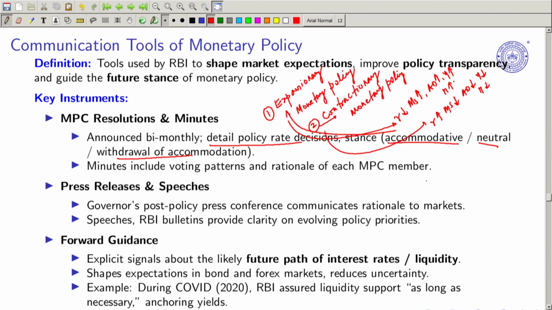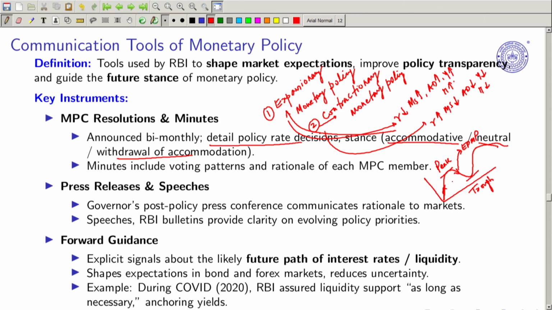Now you must be knowing the business cycle that we normally see. In the business cycle, here we have the peak and here we have the trough, right? Now the peak and trough that we are seeing, this is the recovery of the economy and this is the slowdown. During slowdown, you find expansionary monetary policy playing a very important role.